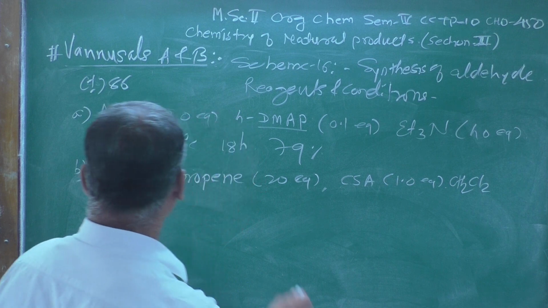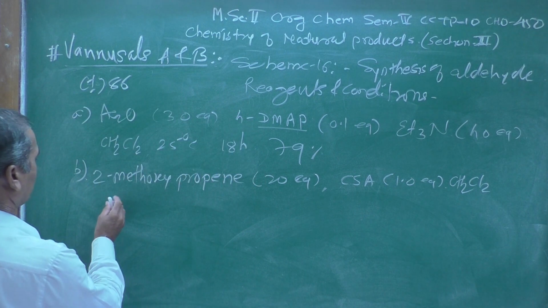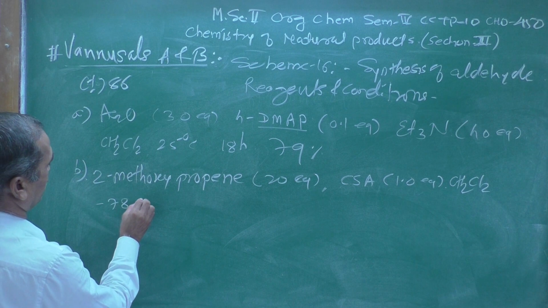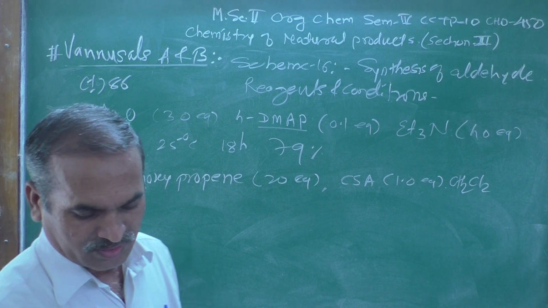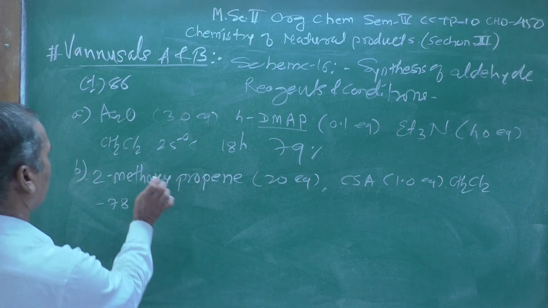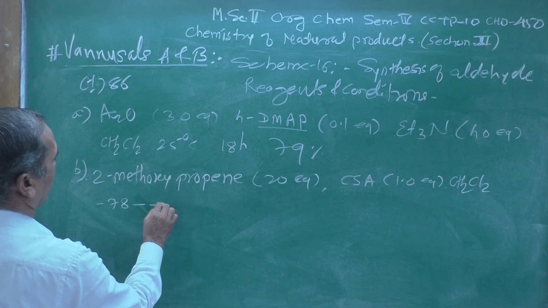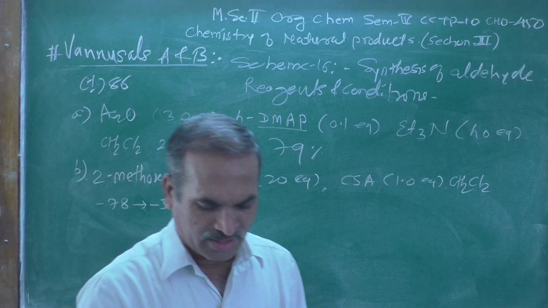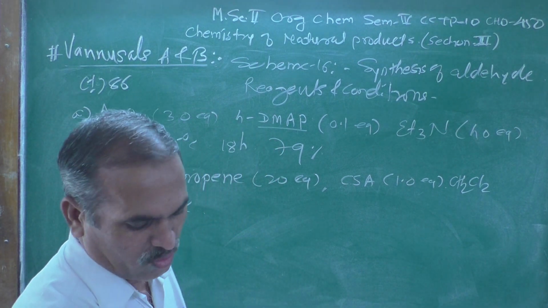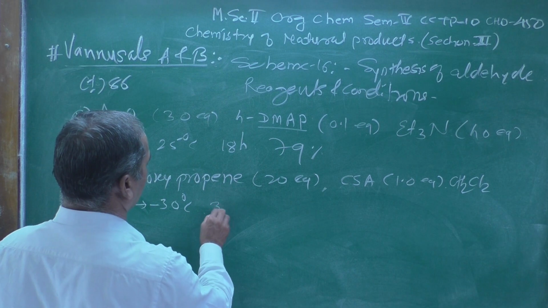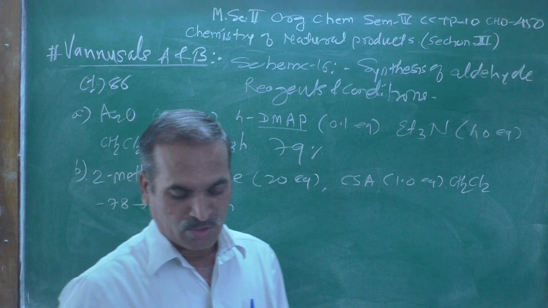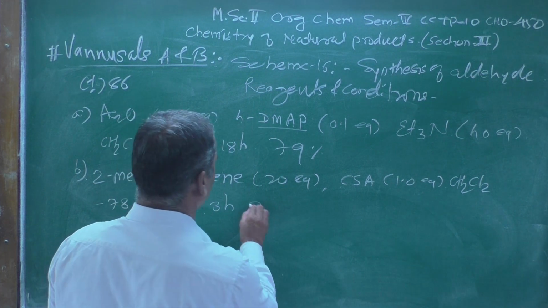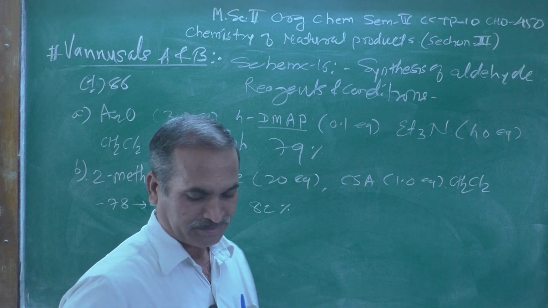The temperature of the reaction mixture was kept at minus 78 degrees centigrade to minus 30 degrees centigrade, and the reaction mixture was stirred for about 3 hours. The overall yield of the product obtained was 82%.